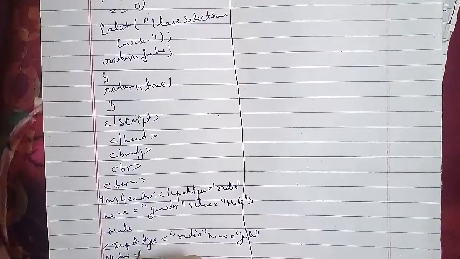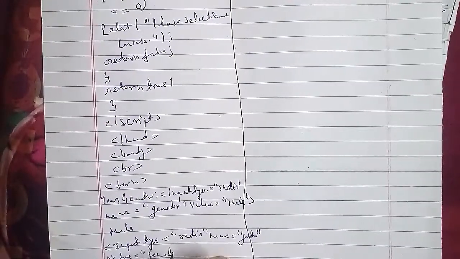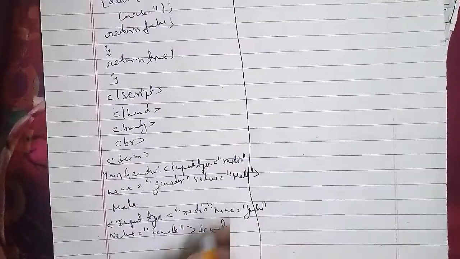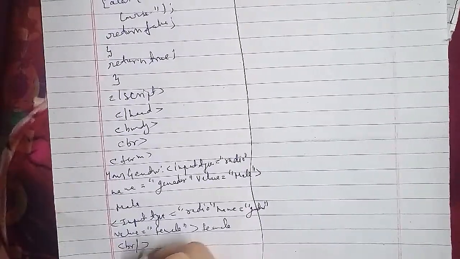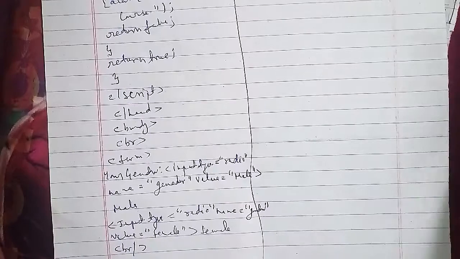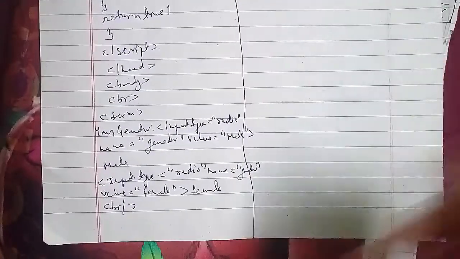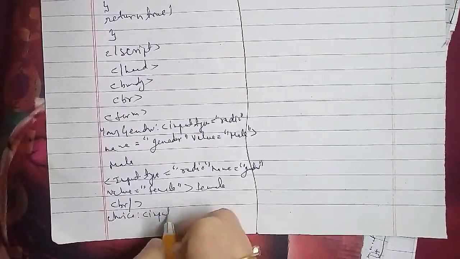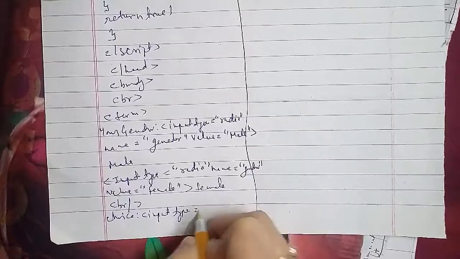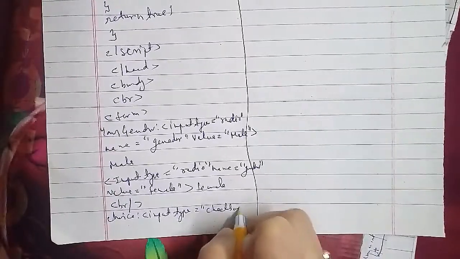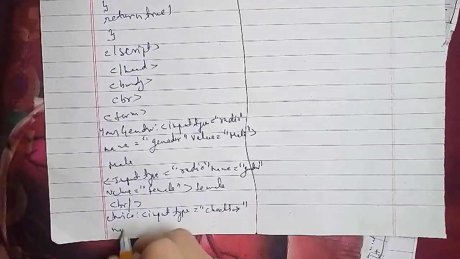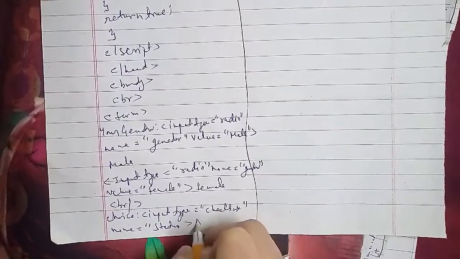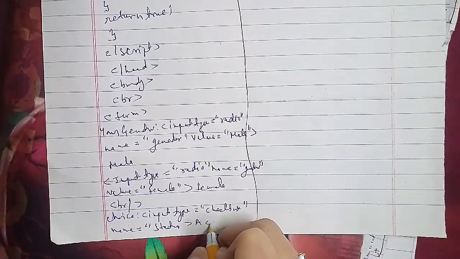Then now we'll give up input value. So the input type equals to button, name equals to submit button, value equals to submit, onclick equals to validateForm(this.form).